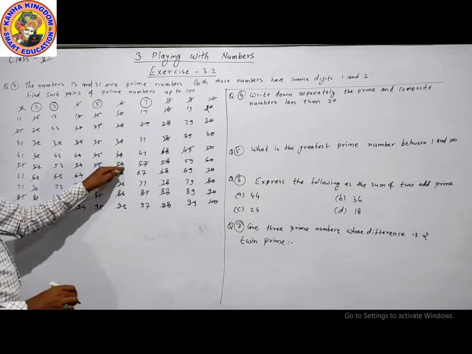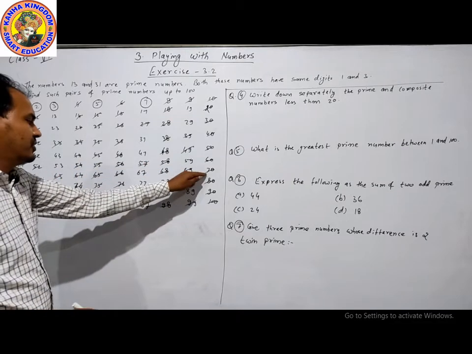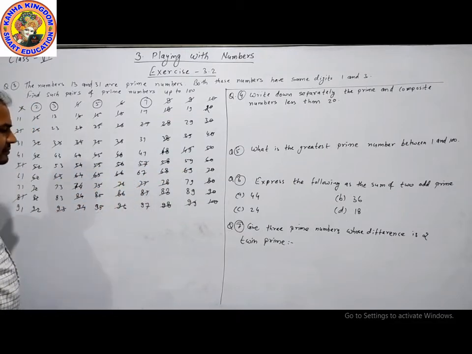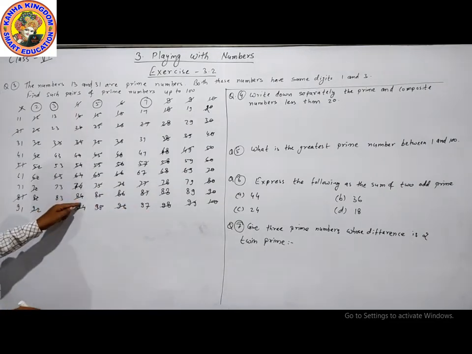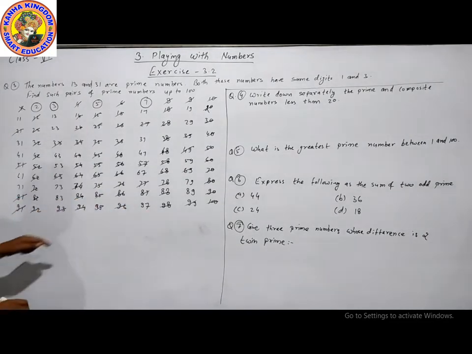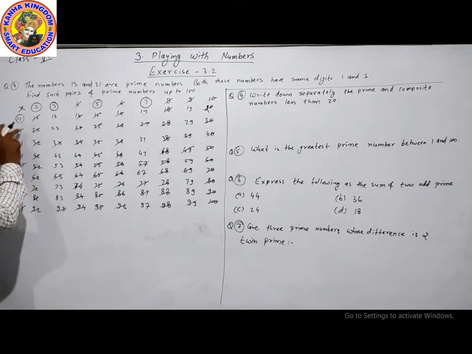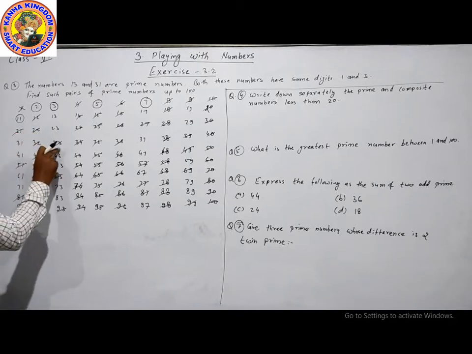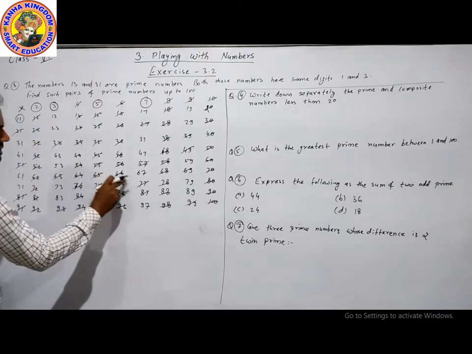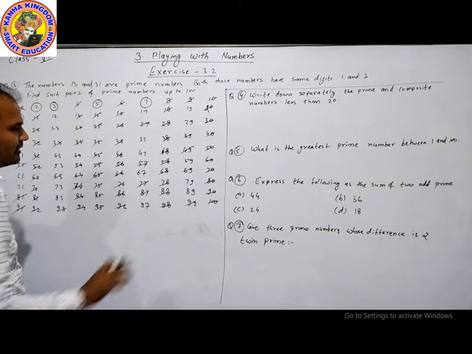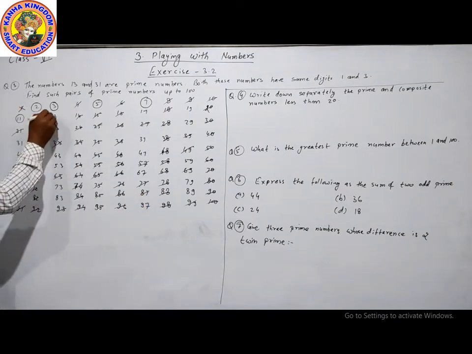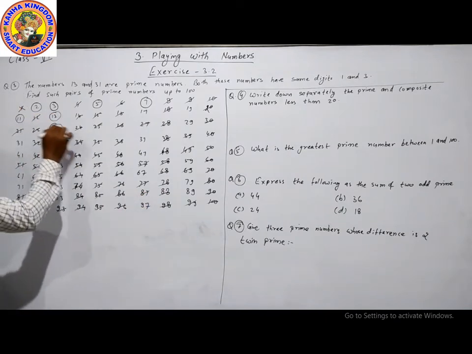Now 56, 63, 70, 77. Now 84, 91, 98. Then next is 11: 22, 33, 44, 55, 66, 77, 88, 99. Already cut. So the remaining are our prime numbers.